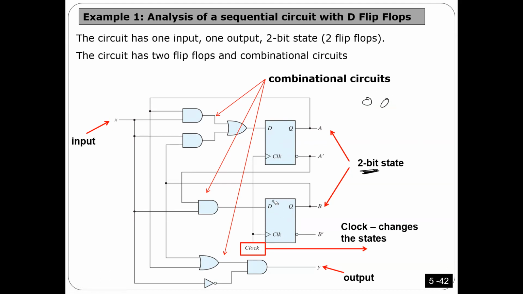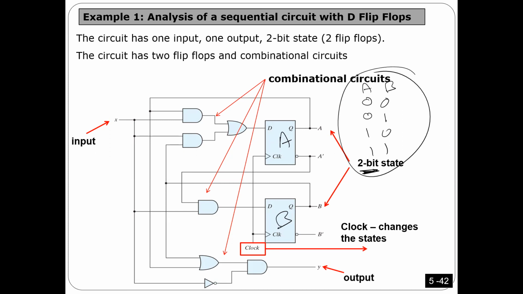For example, I'm going to assume this is flip-flop A and this is flip-flop B. It can be 0, 0, it can be 0, 1, it can be 1, 0, it can be 1, 1. So these are the 4 states we have, based on the values stored in these flip-flops.